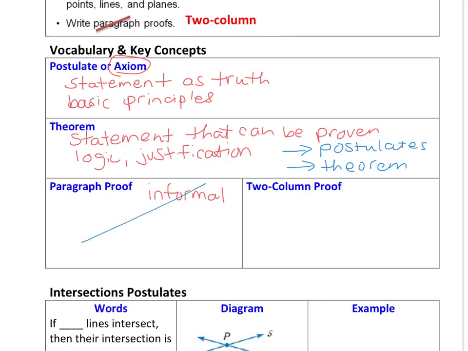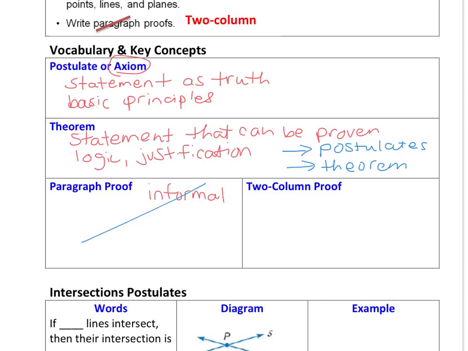I really am not a fan of the paragraph proof. I think when we try to make logical arguments in that method, it becomes hard to interpret. So from here on out, on any of the worksheets or textbook work that we do, if it asks for a paragraph proof, I'd like you to just consider the goal to be to write a two-column proof.